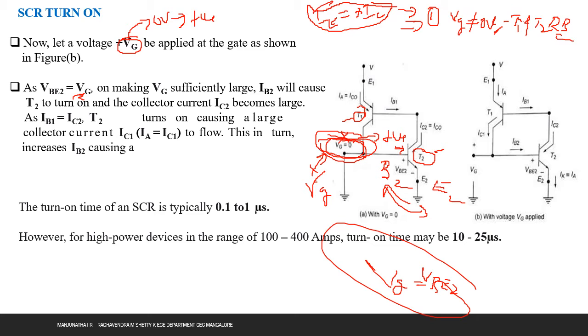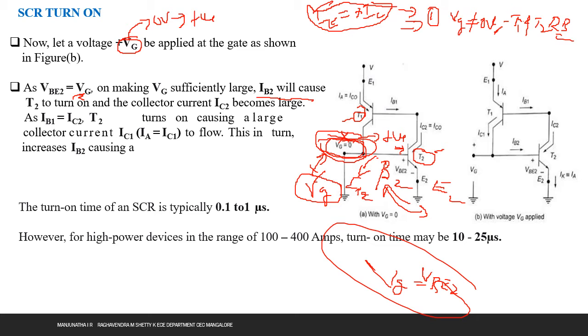Because of this positive VG, the current at the base of transistor 2, IB2, will cause T2 to turn on.